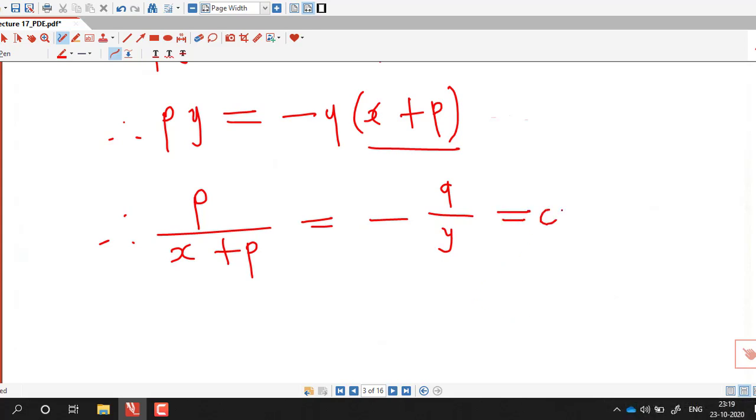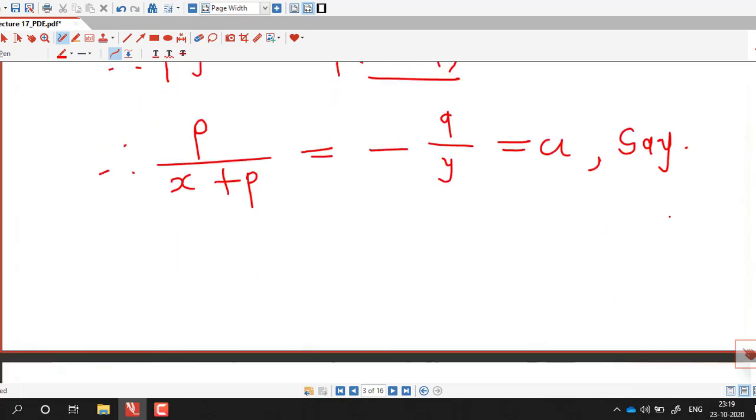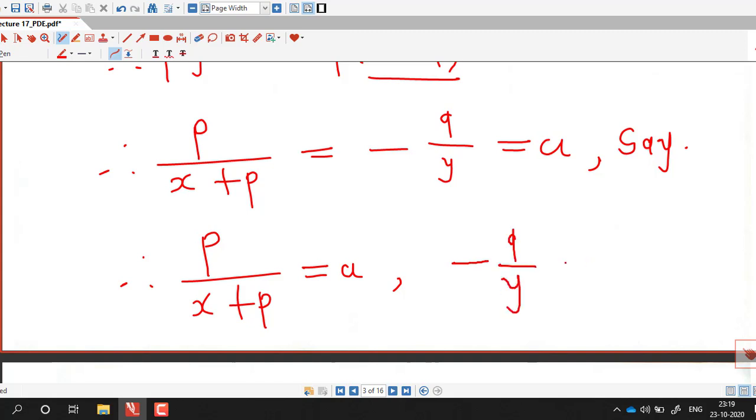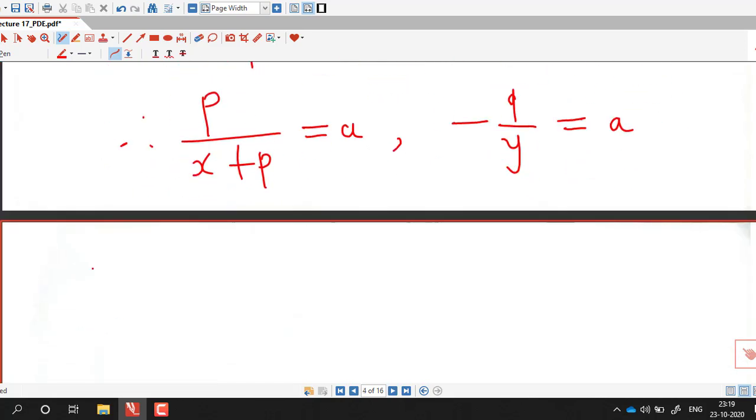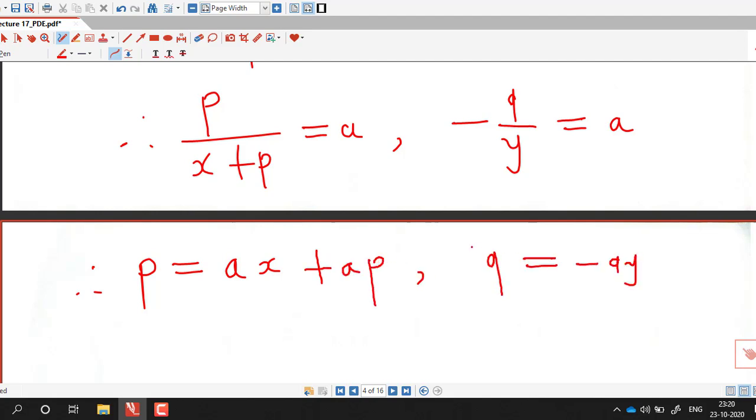So we assume that both are equal to small a. Then I can rewrite this as p over x plus p is small a, and negative of q by y is also small a. So let's try to find out the values of p and q. From this I obtain q equal to minus a into y.